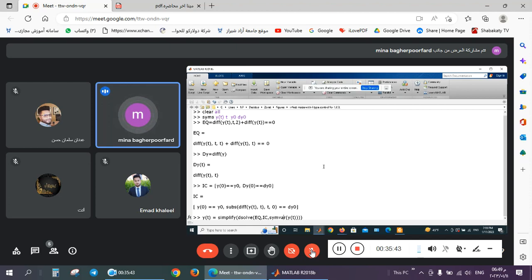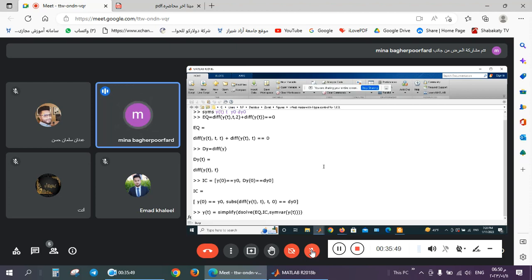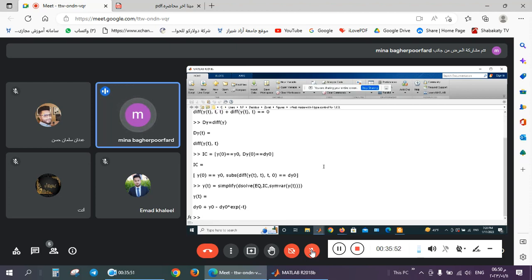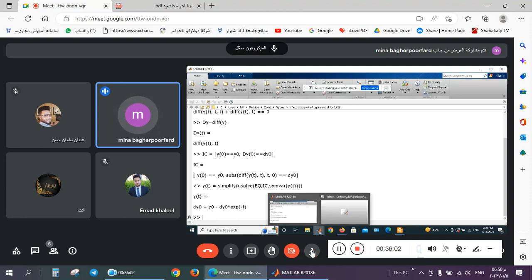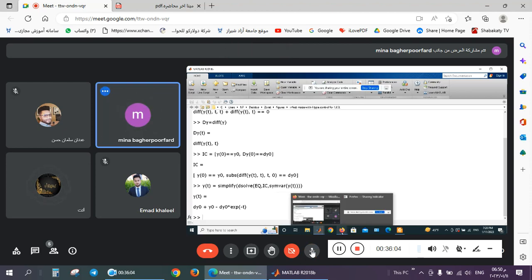Simplify dsolve EQ, IC, and symvar y(t). And this is my result, okay? dy0 plus y0 minus dy0 multiplied by exponential of minus t, okay? Is your solution the same?